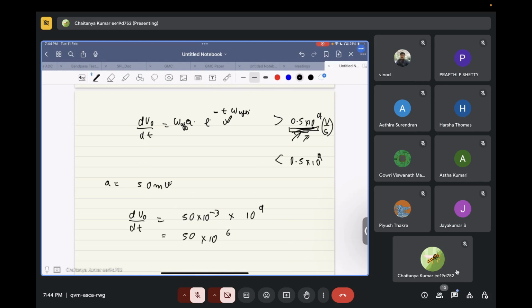Is this clear? Because this is the maximum rate of change. At t equal to 0, the maximum rate of change will occur. And beyond t equal to 0, this rate of change will keep on reducing, because this is related to e to the power minus t omega UGB, right?